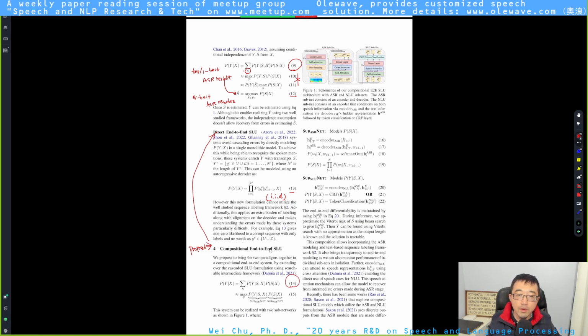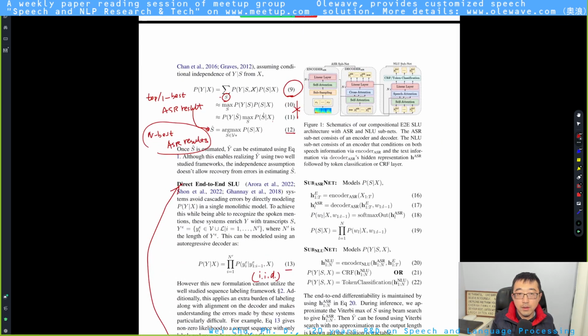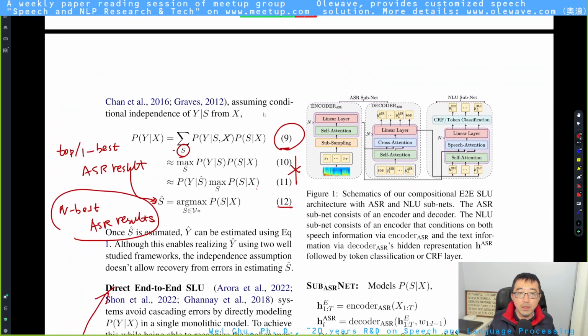So all they want to say is that equation 9 can be written in this way if you're using the n-best result. Okay, let me write down the derived equation if you want to use n-best results. Okay, what does this say?